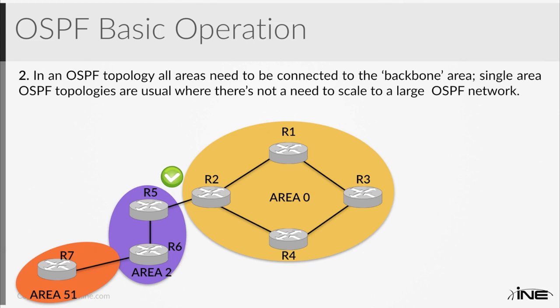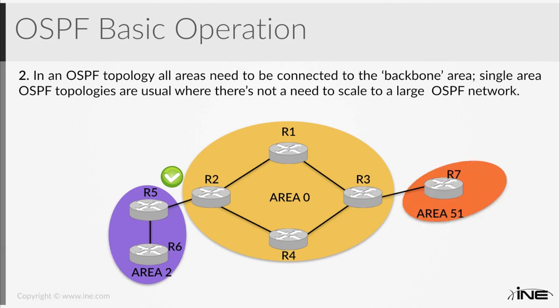It's not going to even take the information coming from area 51 because it has no direct connection to area 0. If we remove it from here and we add it to router 3, for example, now router 3 has an interface in area 51 and two interfaces in area 0, that would be considered good design, and OSPF is going to work and create calculations and share information across areas in this second scenario.